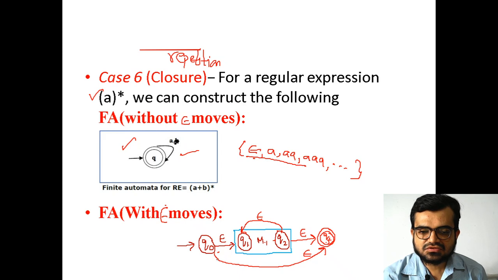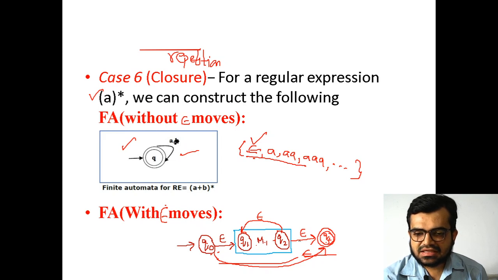Why am I taking this state? Because the first value is epsilon. If I don't want to take A, then this will be performed. If I am taking A, it will go from Q0 to Q1, Q1 to Q2, then again it goes to the final state.